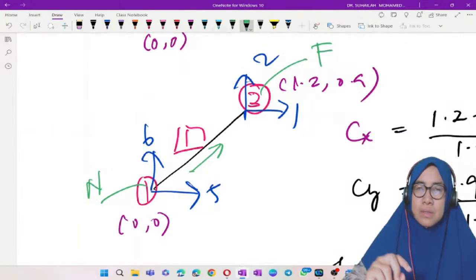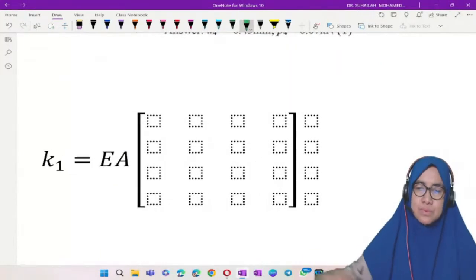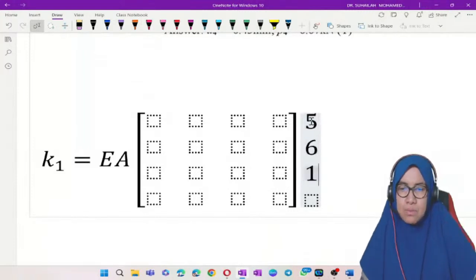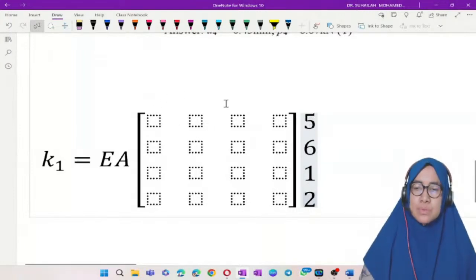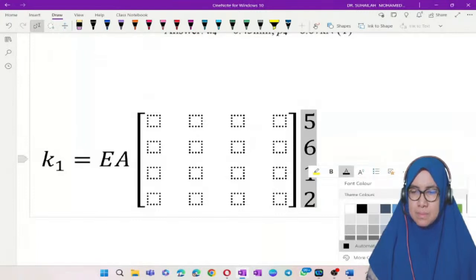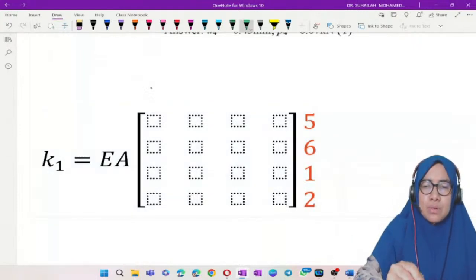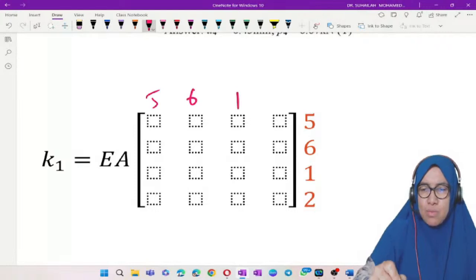So we label K1 as 5, 6, 1, 2. We should label 5, 6, 1, 2 here also.